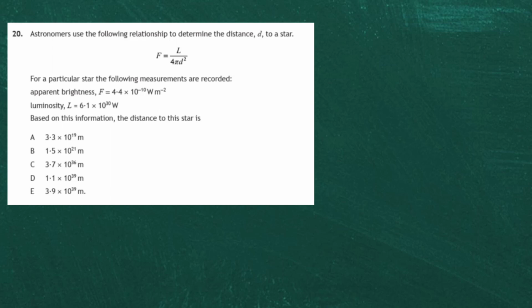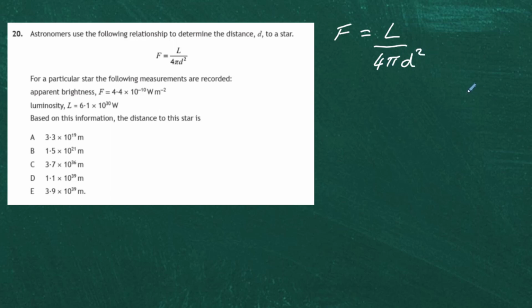So really we have to find the value of d, and we have to rearrange that equation. So we start off with the equation F, which we know is the apparent brightness, is equal to L, which is the luminosity, divided by 4 pi d squared, where d is the distance to the star.